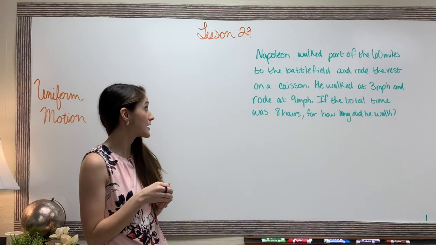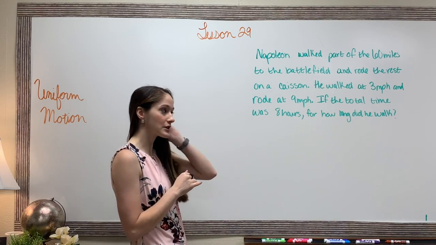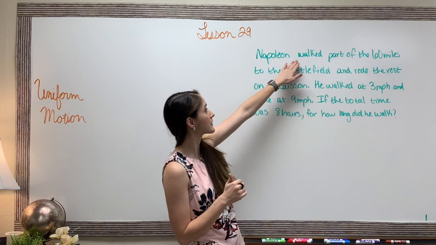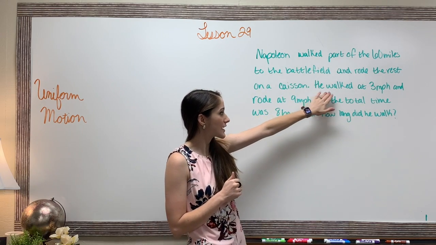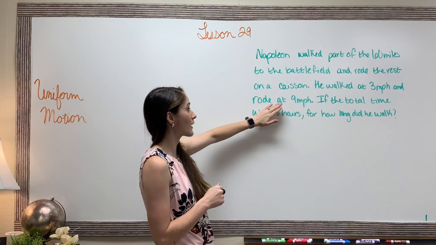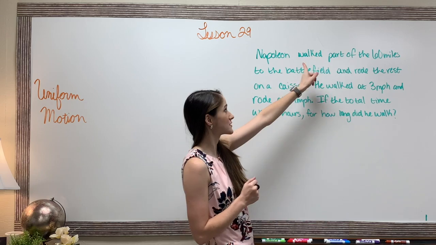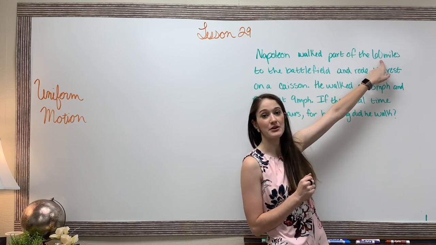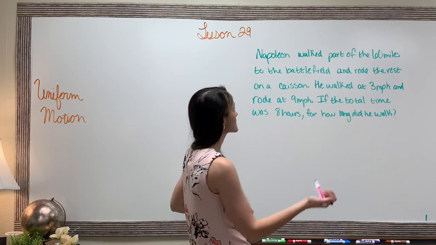Okay, so in the first example, we're talking about Napoleon and he's trying to get back to the battlefield. He's going to walk for part of it and then he's going to end up riding on a caisson. He walks at a rate of 3 miles per hour. He rides at a rate of 9. The total time was 8. And we also know the whole distance to the battlefield is going to be 60 miles. So all of that is information that I want to use.